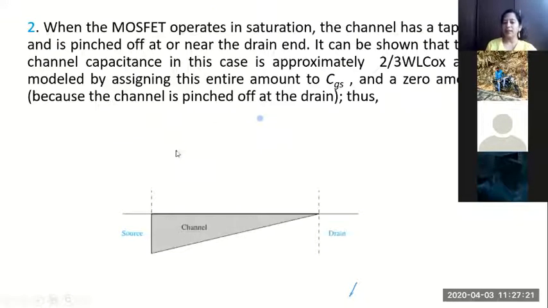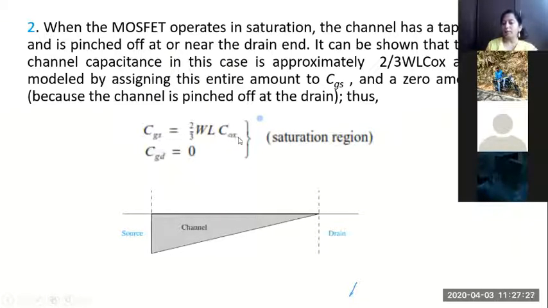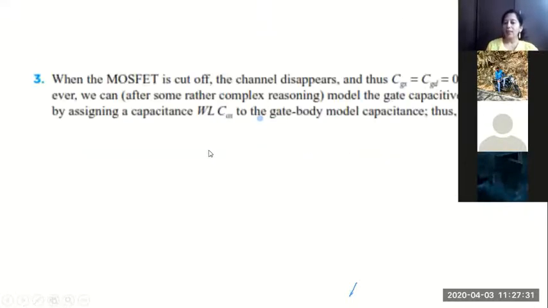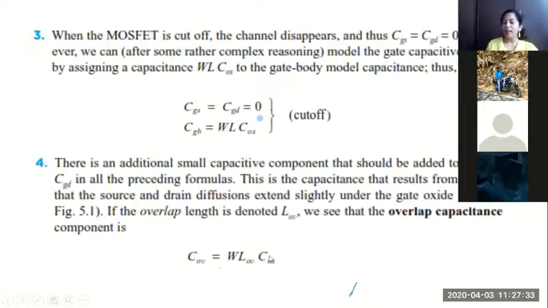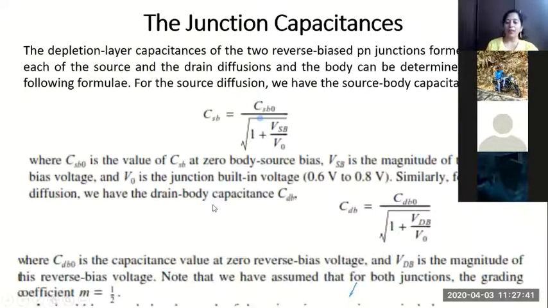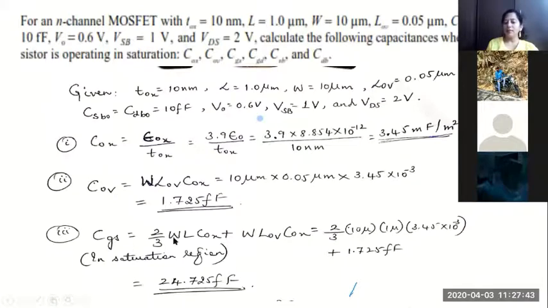CGS in the saturation region, because here the channel existed, is 2/3 WL COX, and CGD is 0 in saturation. But to that, what else should I add? I should add the overlap capacitance. This overlap capacitance exists in the saturation region only. So I am adding 2/3 WL COX plus W LOV COX, that is nothing but our COV.